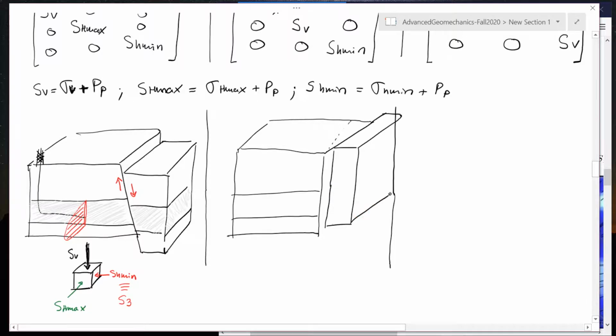The difficult part here is to draw the fault. Okay, so I think we're good. All right, so let's draw a wellbore again that goes into this particular formation.